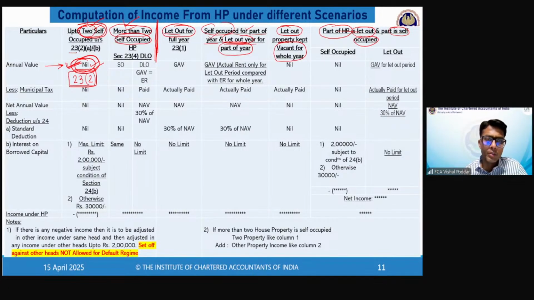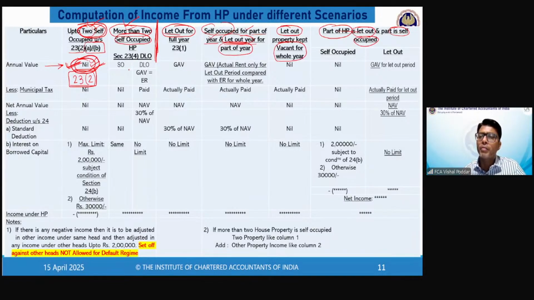And this is what is given in section 23 subsection 2 clause A, clause B. So the benefit of nil GAV, यानी कि हम आपको टैक्स नहीं लगाएंगे, this is applicable for 2 self-occupied properties.